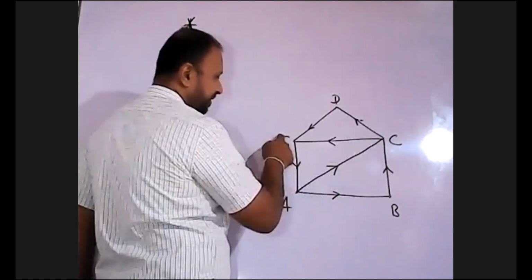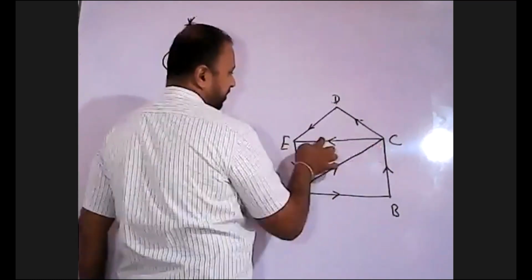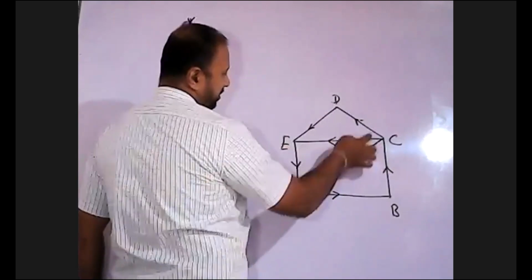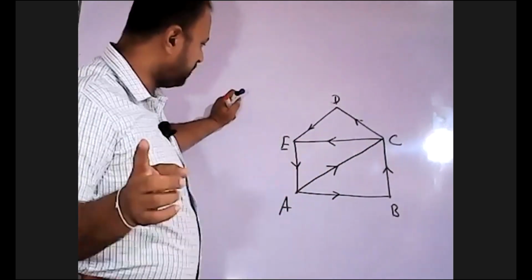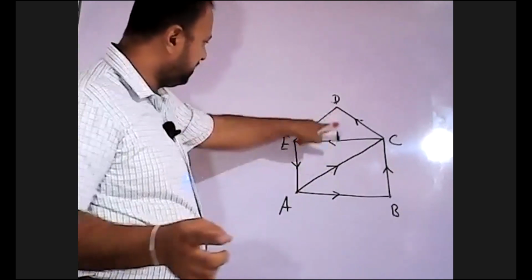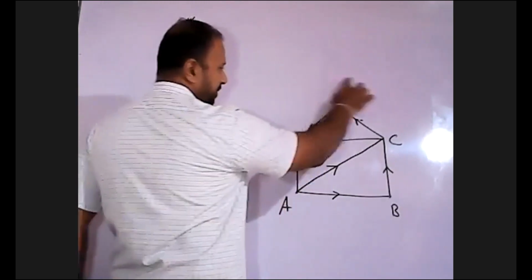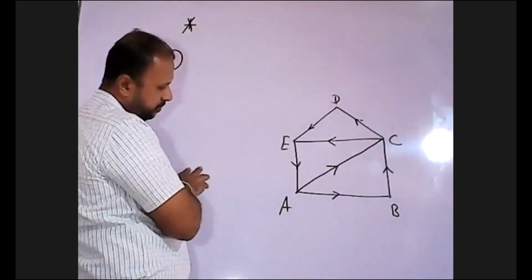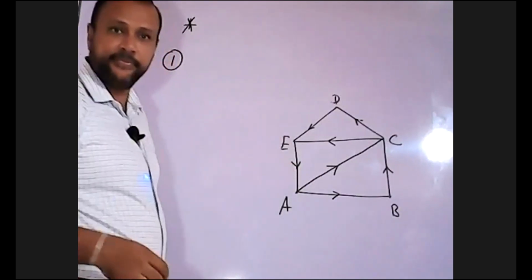A, C, E. Then C, D, E. You said C, E, D. This one, C, E, D, is not a closed loop. A, C, E.